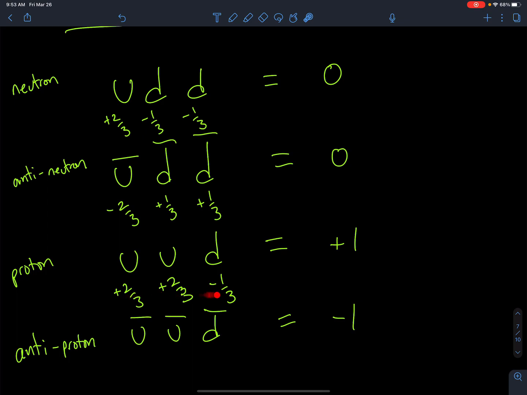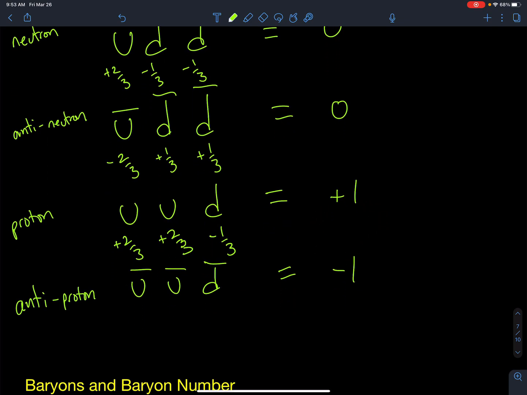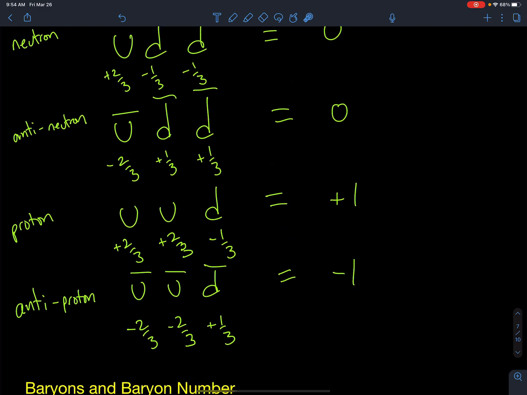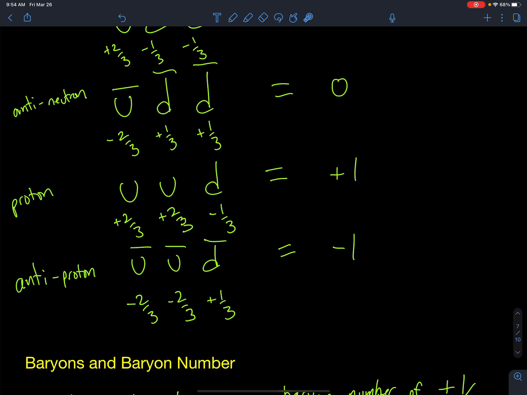If I sum that all up together, the net charge is positive 1. And if I look at the antiproton, negative 2/3, negative 2/3, positive 1/3, sum that all up together, the net charge is negative 1. Okay, that explains that. So a neutron and an antineutron don't have any differences, but a proton and an antiproton have opposite charges. Okay, and that's by the nature of the quarks and how they change the charge and the properties.